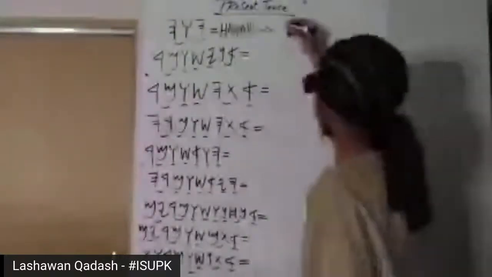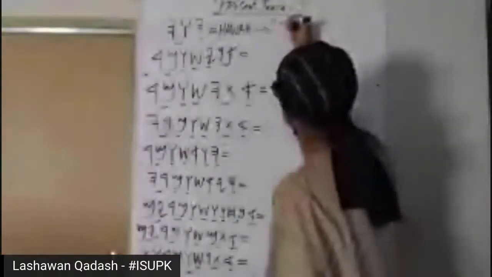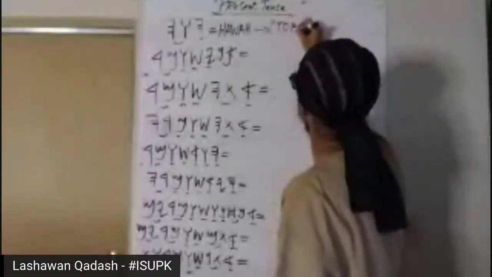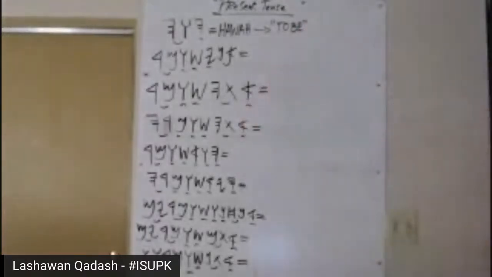Hawa is simple as far as present tense, which is "to be." That's the first thing, when it comes to present tense.